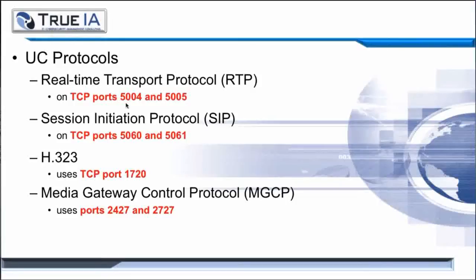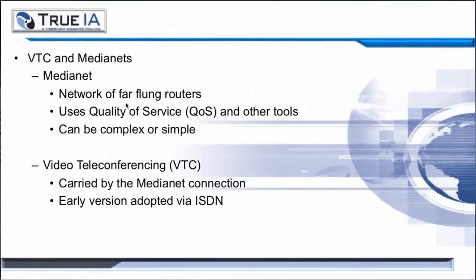H.323 you will find on TCP port 1720, and the Media Gateway Control Protocol, MGCP, is on ports 2427 and 2727.